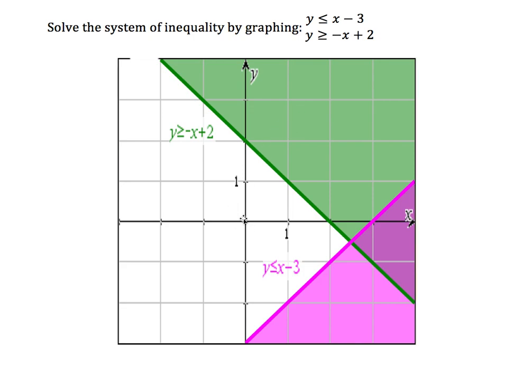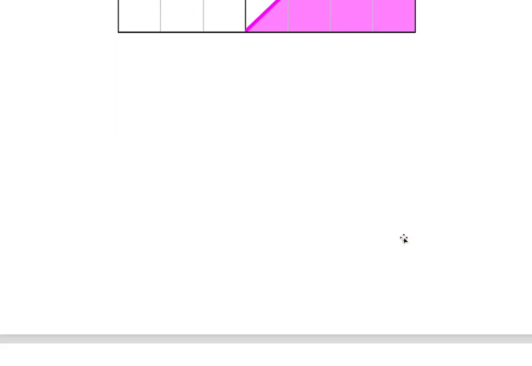And then you plug in 0, 0 for y. 0 is greater than or equal to 2, which is also false. So here's our 0, 0. Because it's false, we're going to shade in the opposite side of the green line. So we're shading over here. So the only area on this graph that is part of the solution is this tiny area right here where both the green and the pink have it shaded in.